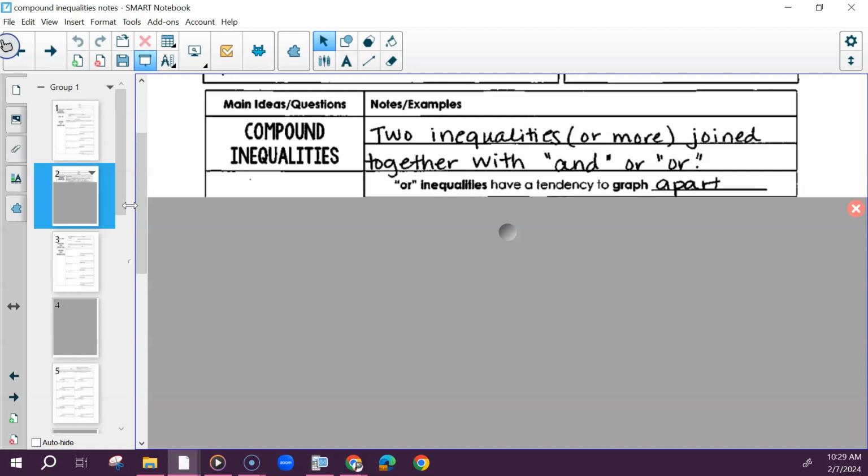Compound inequalities are 2 inequalities or more, but we're just dealing with 2, that are joined together with the words and or. Compound inequalities have a tendency to graph apart. I'm going to explain what that means here in a second.